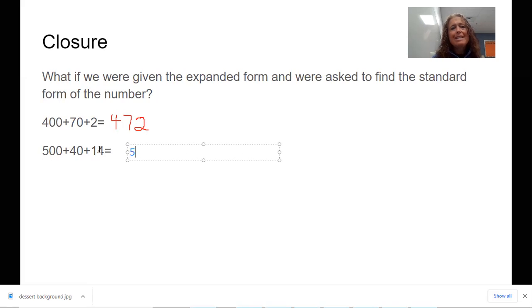Now we need to take this group of 10 because we can't have that group of 10 in the ones place. We're going to have to take that group of 10 and bring it over, which gives us not 4 groups of 10, but 5 groups of 10. Now, once we've moved this group of 10 over here, we only have 4 ones left. So it's 554.